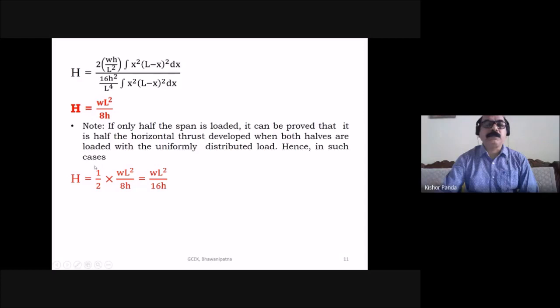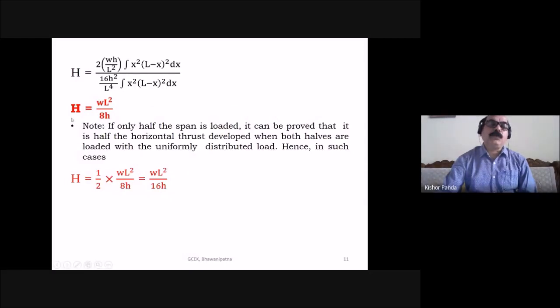So H is equal to half into WL squared by 8h, which is WL squared by 16h. When one half of the two-hinged arch is loaded by UDL, you have to remember this. So H is half into WL squared by 8h, equal to WL squared by 16h.